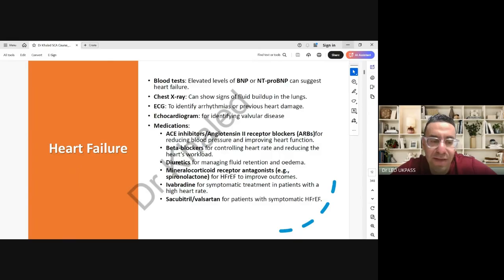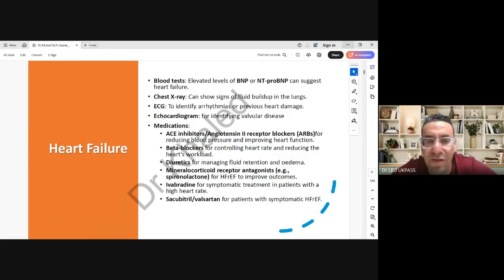The reason why I mentioned a patient who's coming to you with heart failure and diabetes, why I'm saying this: a patient is on metformin, coming to you today, diabetes is on the higher side, and this patient is having heart failure.